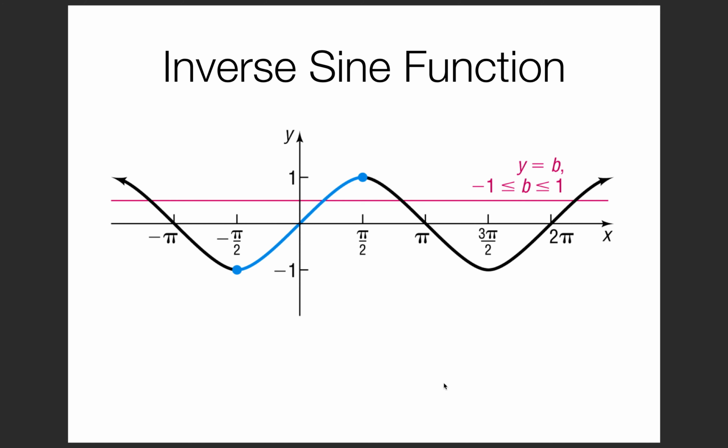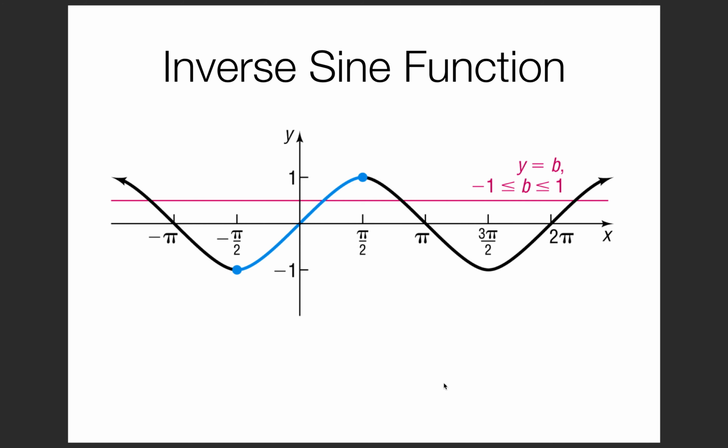If you look at that, it does in fact pass the horizontal line test. We took the minimum value at negative pi over 2, and then we went all the way up to the maximum value that happens at pi over 2. And so it's always increasing during that segment.